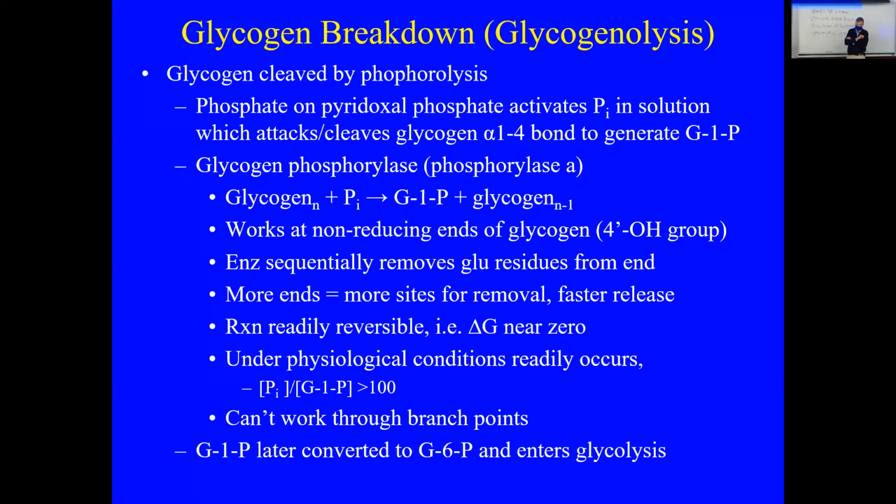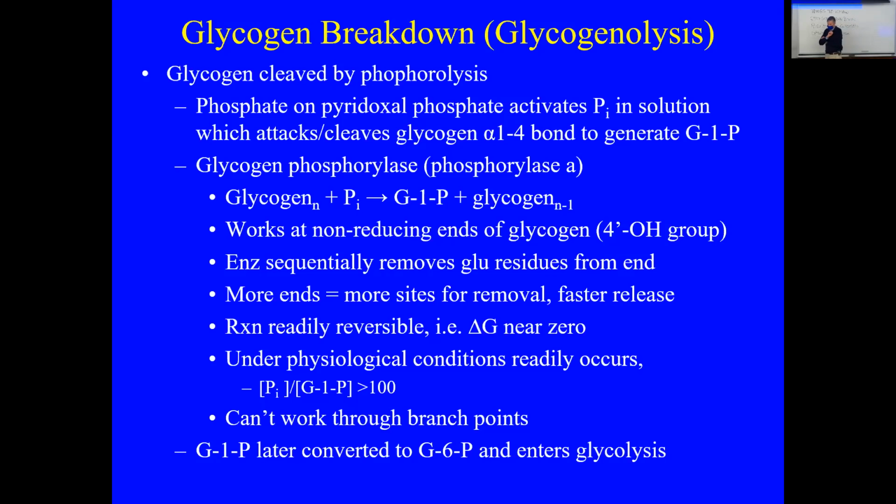We'll see it in a minute, and we'll talk a little about its involvement in the reaction. It is going to activate an inorganic phosphate, which is going to be the attacking species. It's going to attack the 1 carbon of the terminal glucose in a polymer of glycogen.